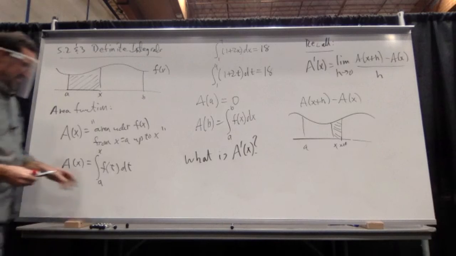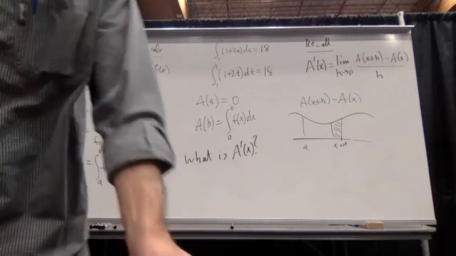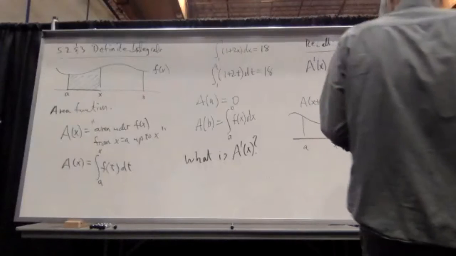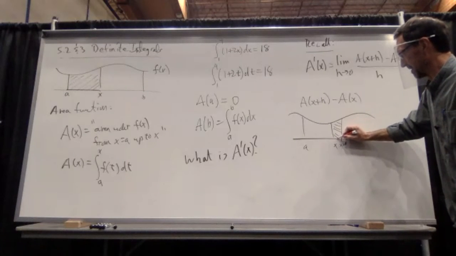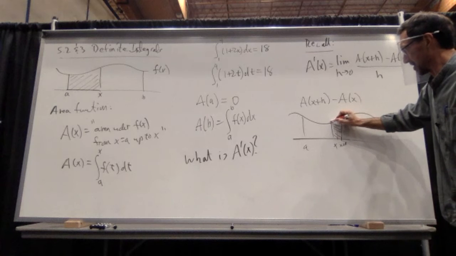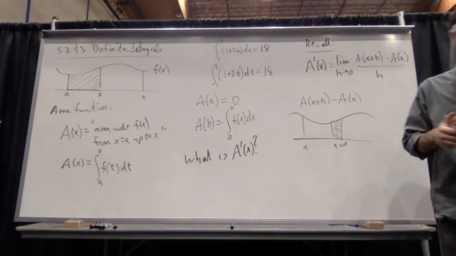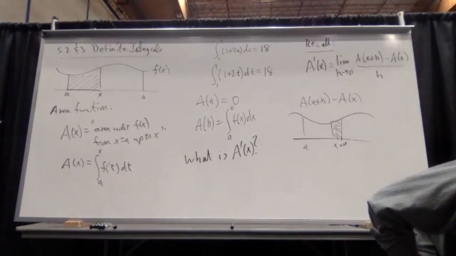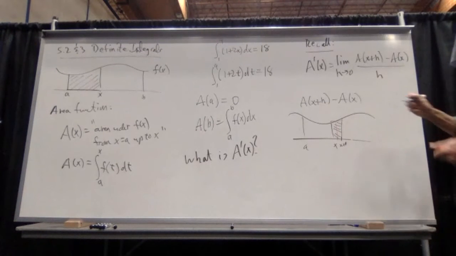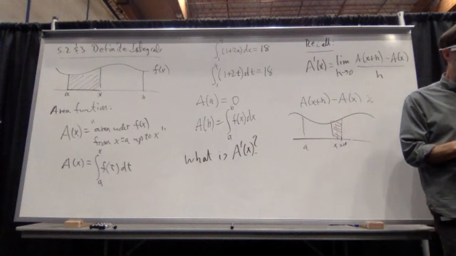I could approximate that area with a rectangle. I'll draw it in red. So I'm going to pick a value in between x and x plus h, run up to the function and draw a rectangle. So this is approximately equal to the area of that rectangle.